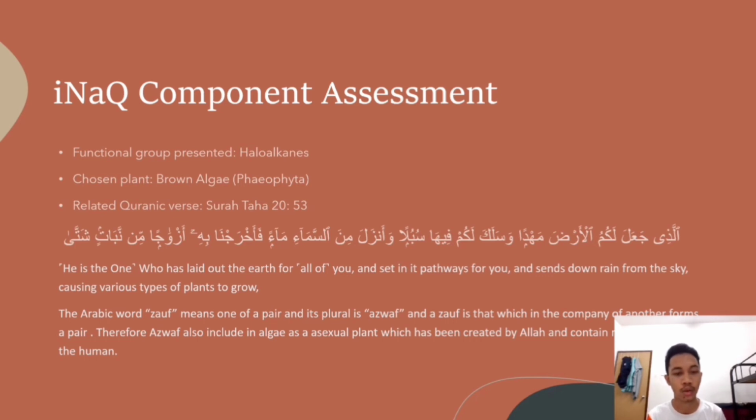The Arabic word zawj means one of a pair, and its plural is azwaj. A zawj is that which, in the company of another, forms a pair. Therefore, azwaj also includes algae as an asexual plant which has been created by Allah and contains many benefits to humans.